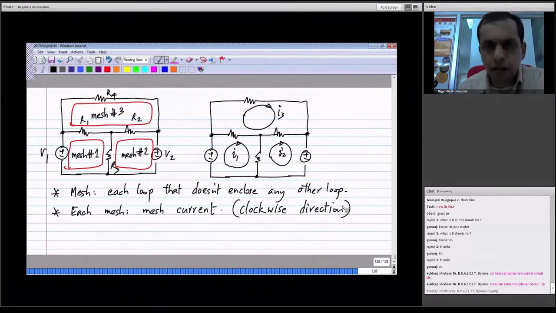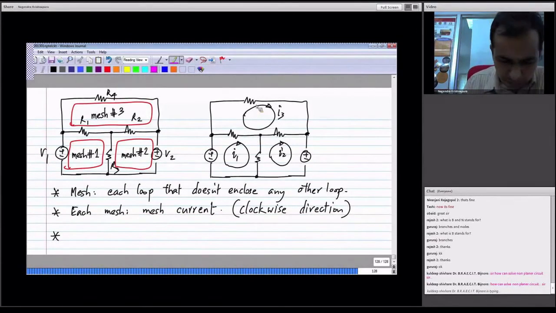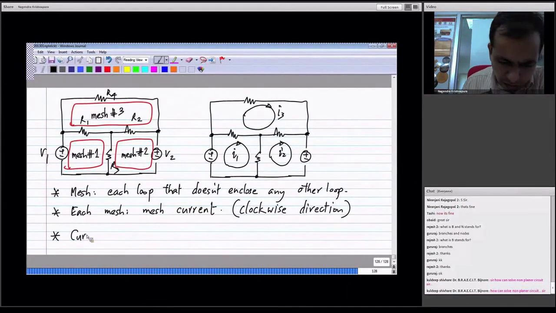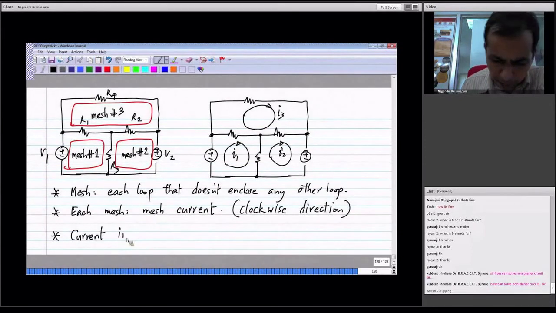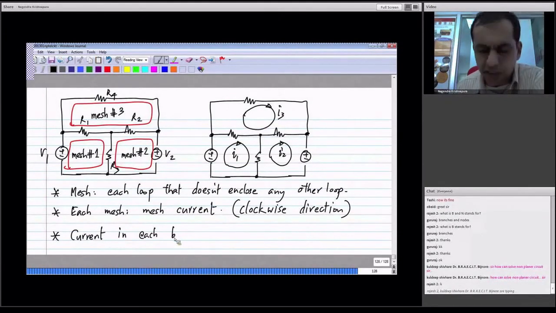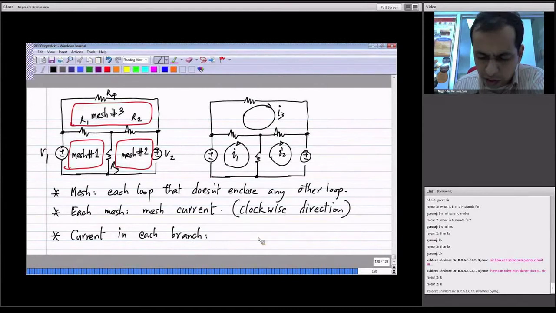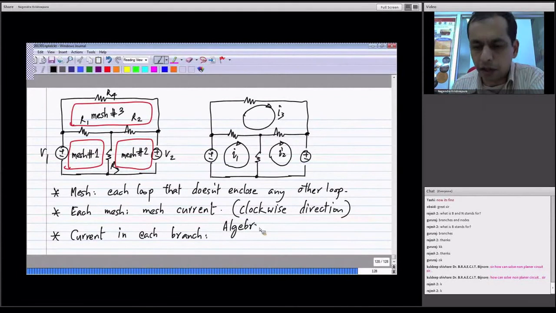Now the current in each branch can be written in terms of mesh currents. So the current in each branch is the algebraic sum, that is, sum while taking into account the sign of the current, of mesh currents.